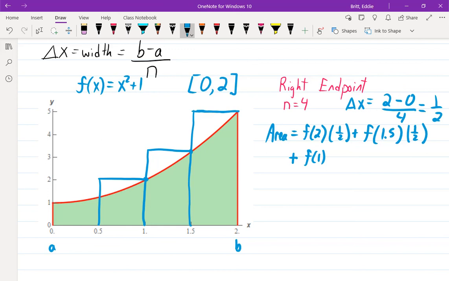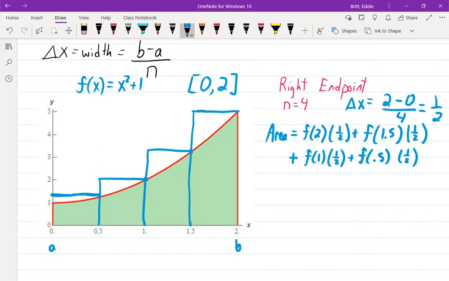I'm going to put it there anyway. Then we have to say that times 1/2. And then look at f of 0.5. If I go up here, this value right here, that's going to be the height of this last rectangle, whatever that is. So that's f of 0.5 times 1/2.